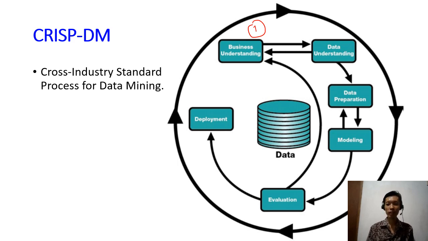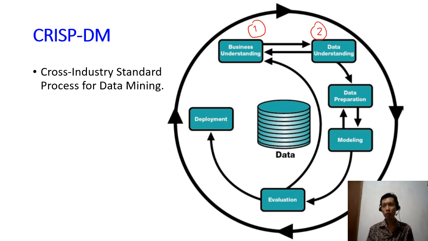So if we're sure that we need to do it, we go to the second step. We start to understand the data. What data do we have, what kind of things do they talk about, what data is relevant, what data is not relevant. Okay, so we understand the data.